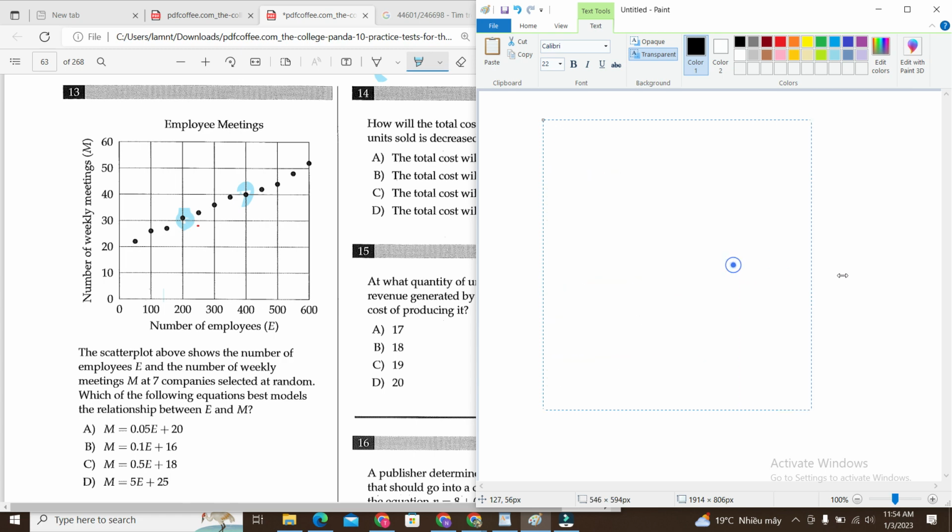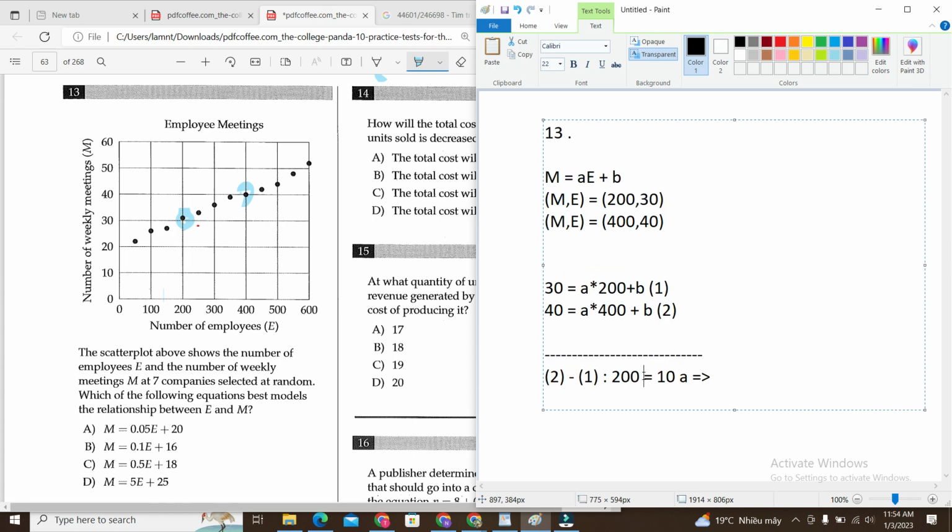So when we subtract 2 from 1, we have 10 equal to 200A. So we can deduce that A is equal to 10 over 200, so that is 0.05, right?